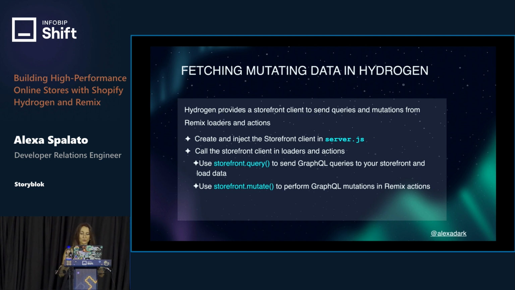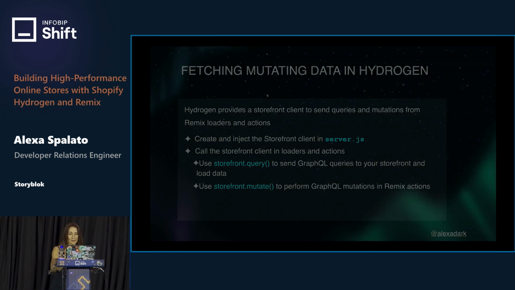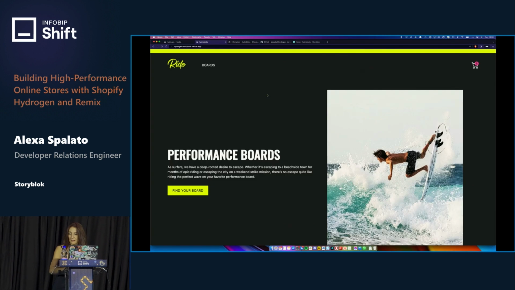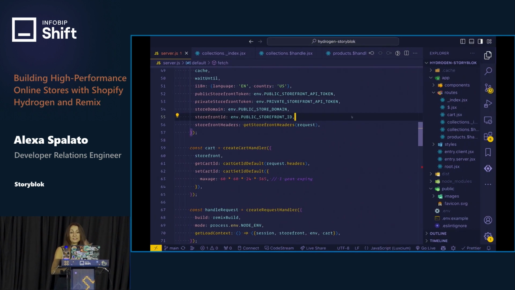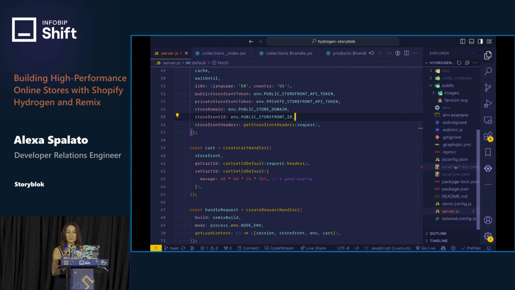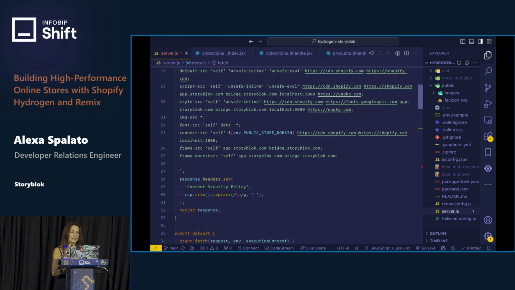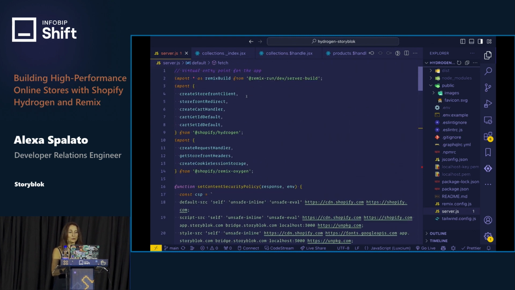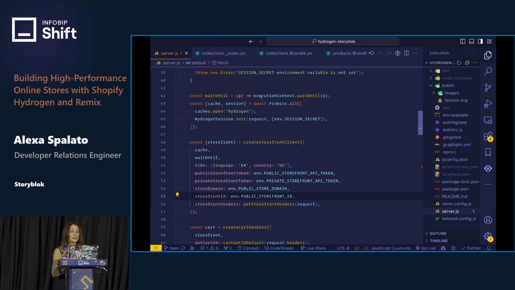So let's go back to the code again. This is the code of the project I've created, and we have this file server.js, which is the entry point. And we have this function createStorefrontClient. This is given to you with the Hello World template, almost everything.